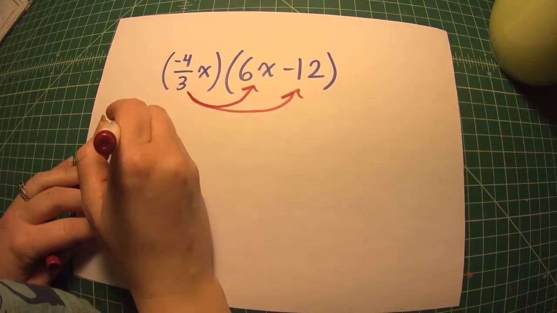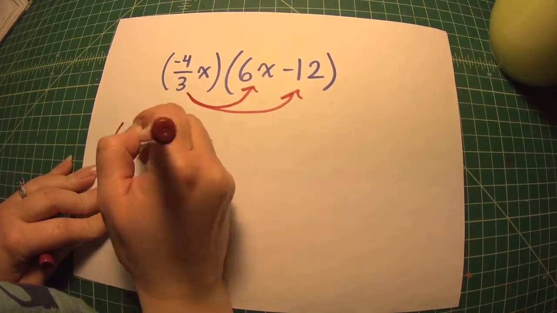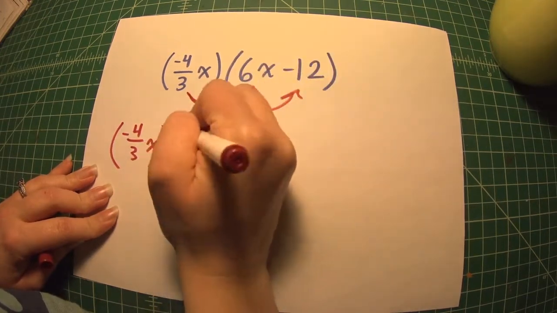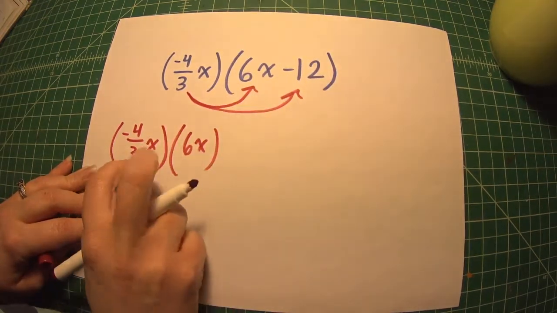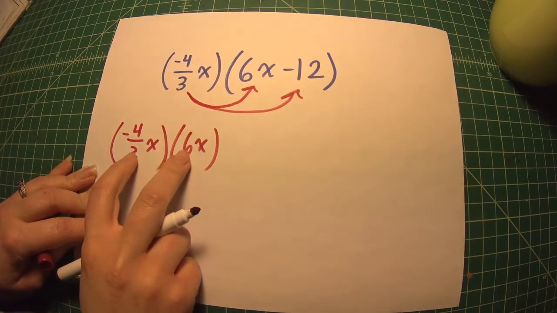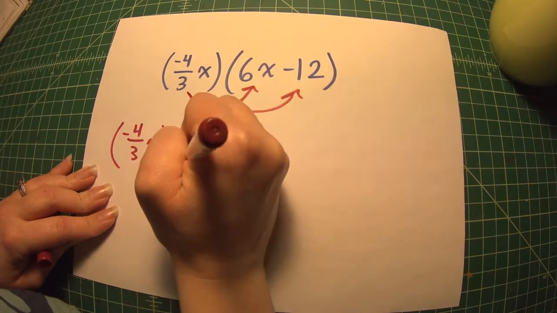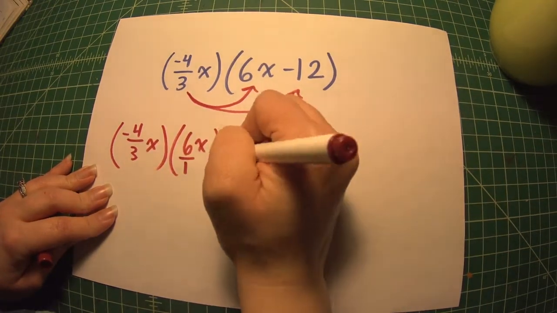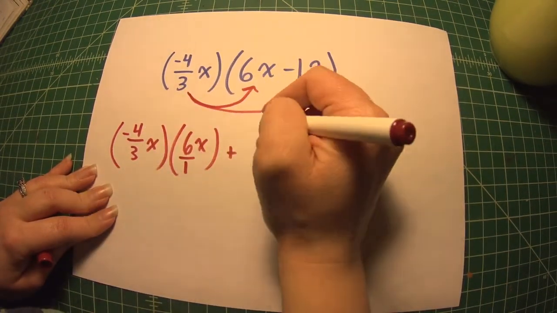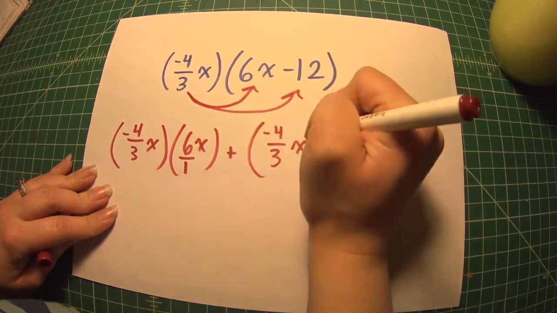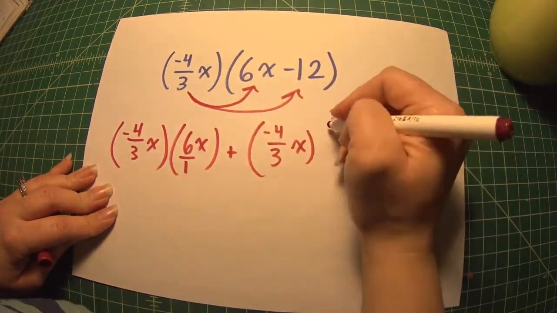Right away, I've got negative 4 over 3x times 6x. Apples and oranges are here again, different forms. So what can we do? Put the whole over 1. Okay, do the second distribution, back to my monomial, negative 4 over 3x times negative 12.